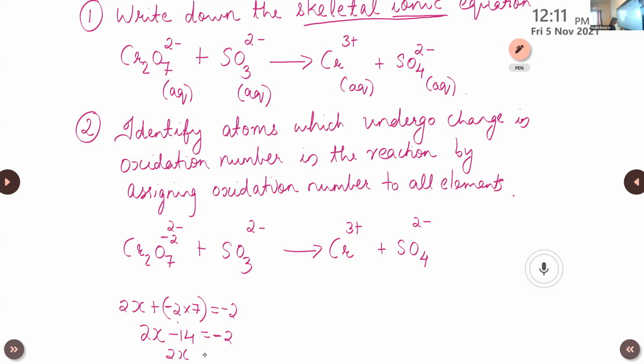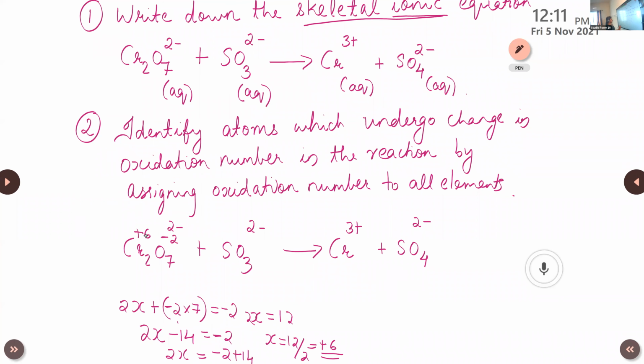Therefore, 2x equal to minus 2 plus 14, 2x equal to 12, x equal to 12 by 2, that is plus 6. So plus 6 is the oxidation state of chromium. This is clear?